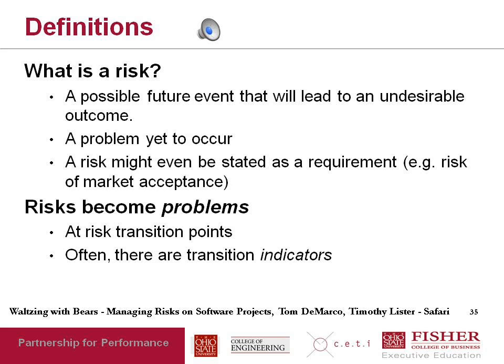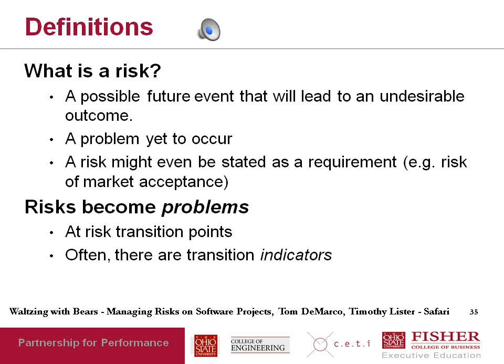So the risk is the risk of a thunderstorm. The transition point is when the thunderstorm actually starts and the water and the rain starts falling and washing your crops away. And the transition indicator is the clouds forming over your land. Hope that makes sense.